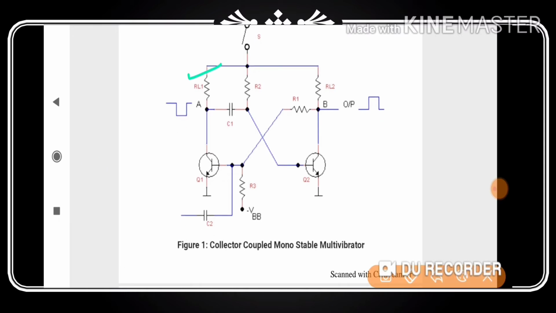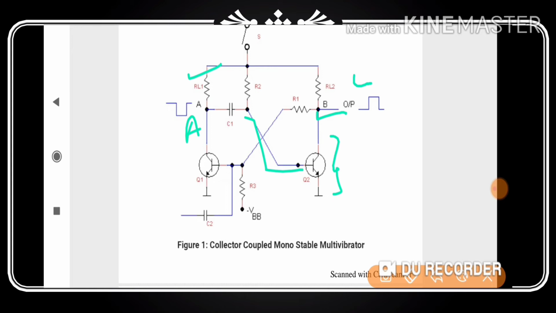It means that the potential of point A falls, a negative going signal. This negative going signal is fed to the base of Q2, where it decreases its forward bias. As the collector current of Q2 starts decreasing, the potential of point B increases, a positive going signal, due to the lesser drop across RL2.